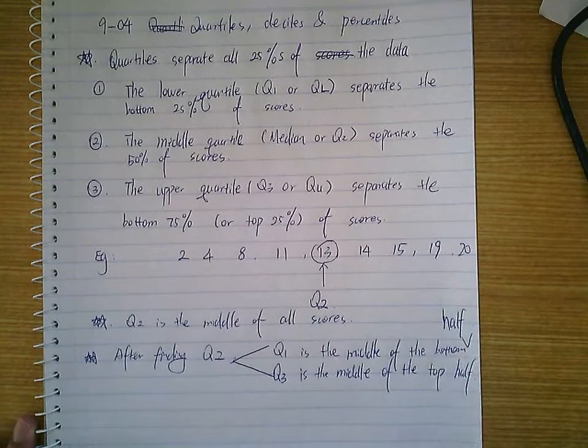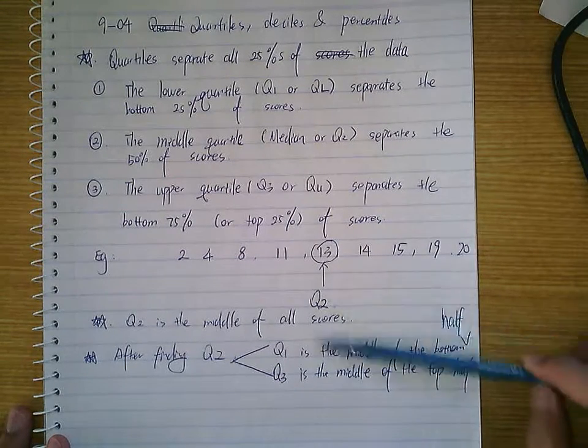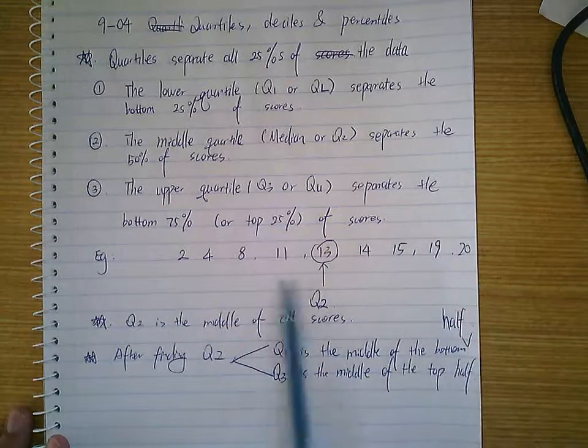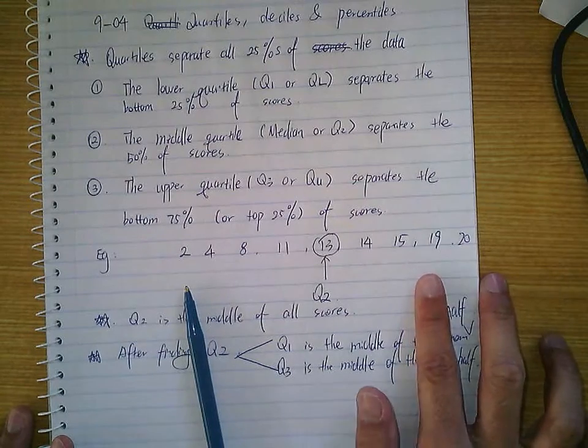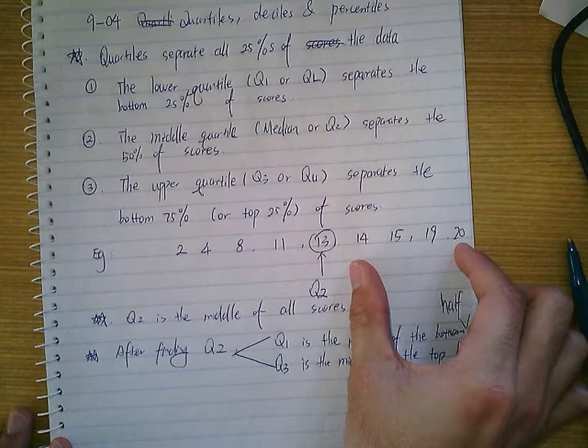My goodness. So therefore, in this case, after Q2, basically you need to disregard it. We don't consider Q2 when you find Q1 and Q3. So in other words, we only consider this half and this half.